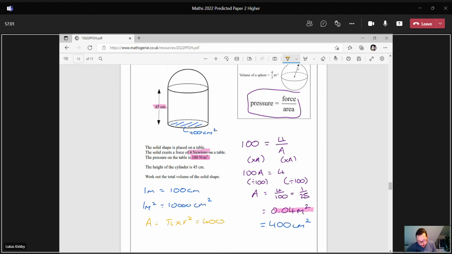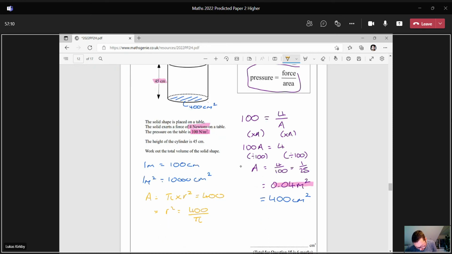To find out r, we want to divide by pi, so r squared is 400 over pi, and so r is going to be the square root of 400 over pi. I'll tell you what, we'll leave it like that because we want our answer to be as accurate as possible.